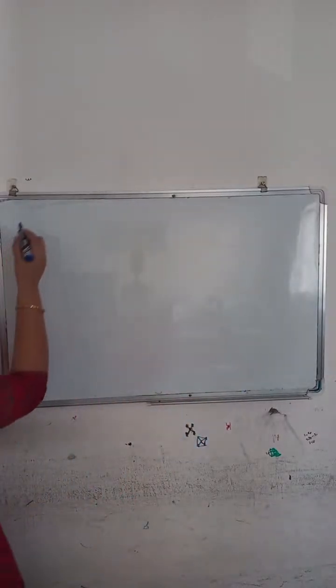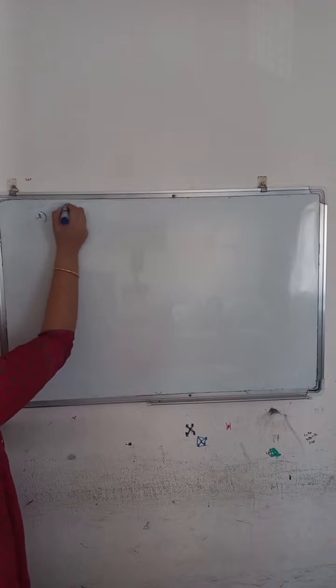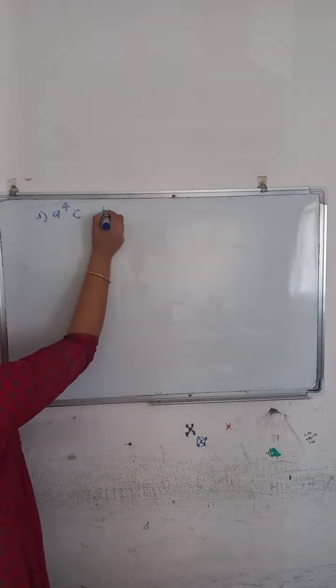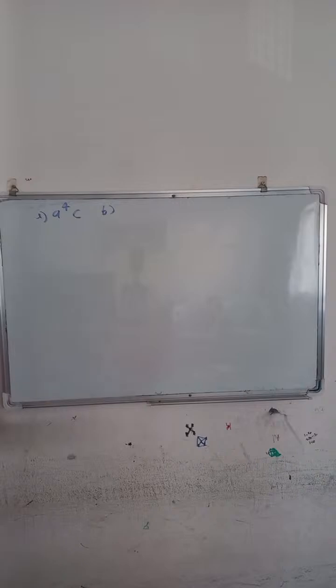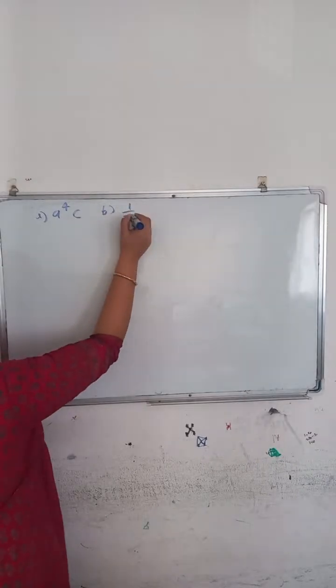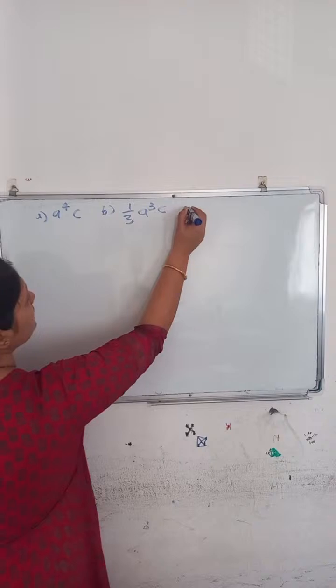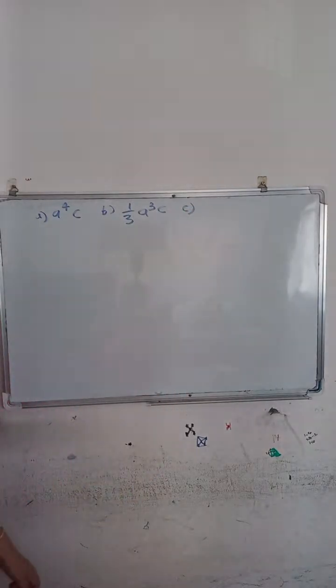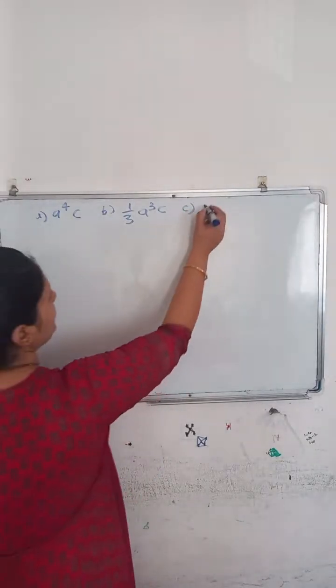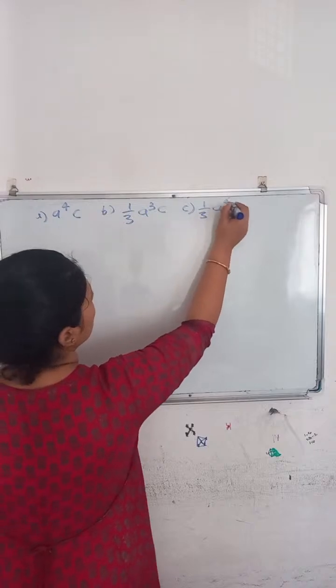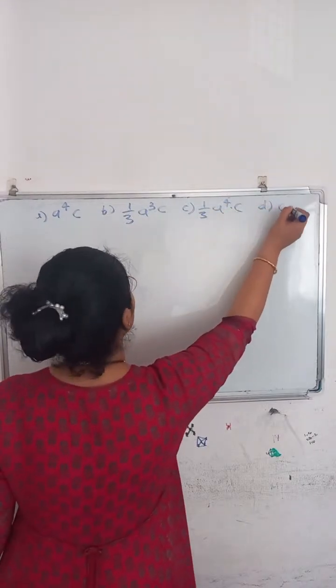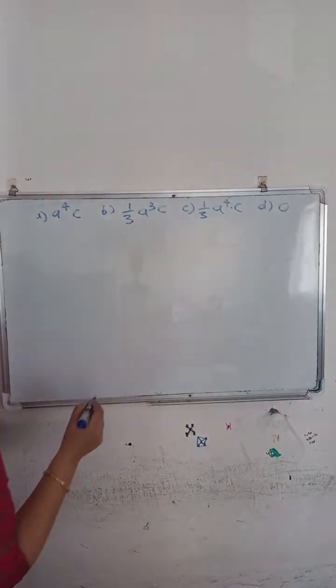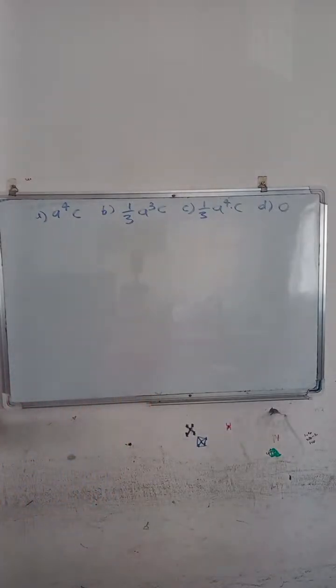So I will write the options here. First is A raised to 4 into C. Then B is 1 by 3 A cube into C. Third option is 1 by 3 A raised to 4 into C, and last option is 0. So try to solve this question.